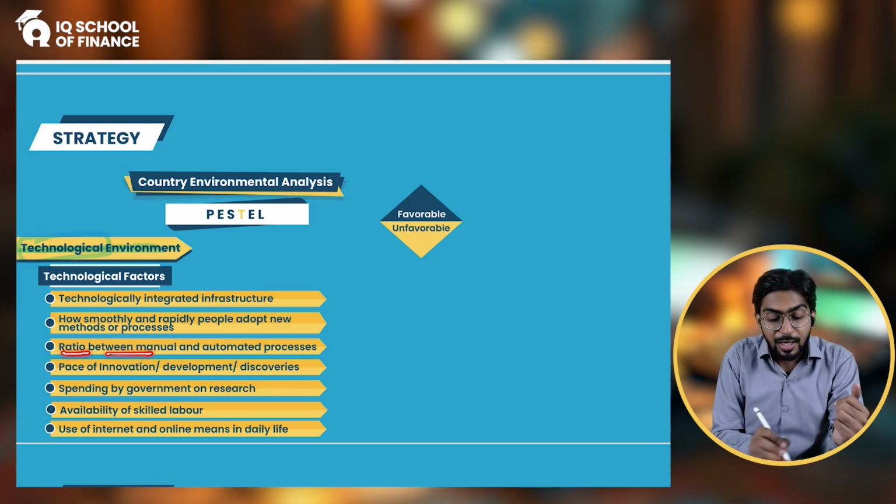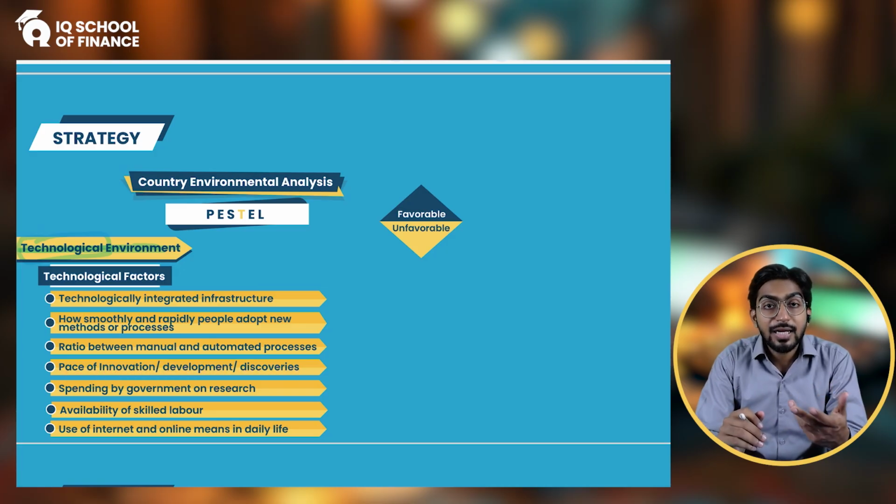The ratio between manual and automated processes, as we just discussed, and the pace of innovation, development, and discoveries. The rate at which new discoveries, innovations, and developments are made in your country regarding technology, gadgets, processes, and methods.